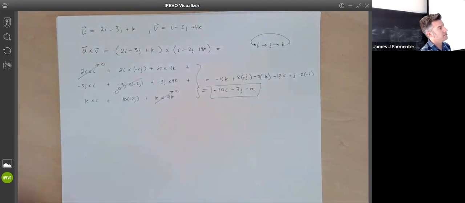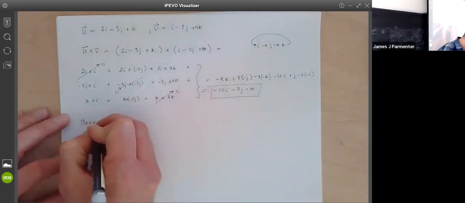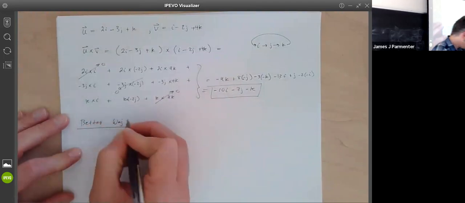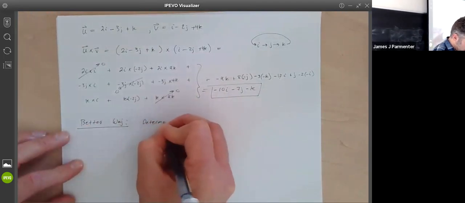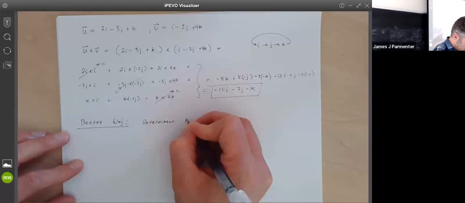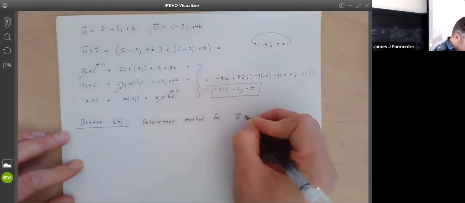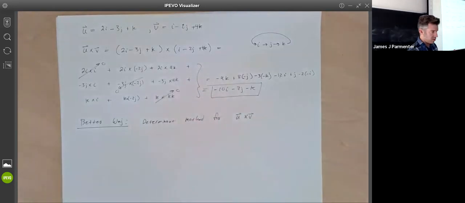There's a better way, which is great. So here's the better way. It's the determinant method for u cross v. So, reminder, matrices.